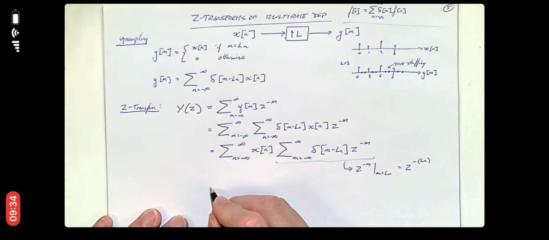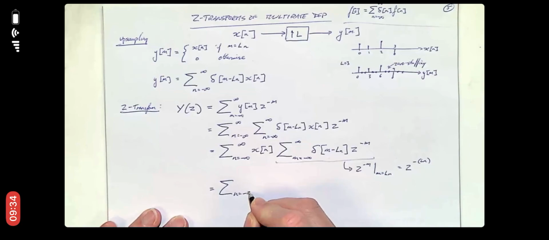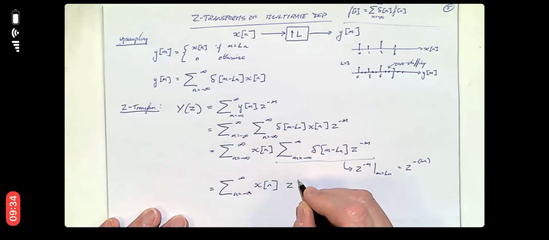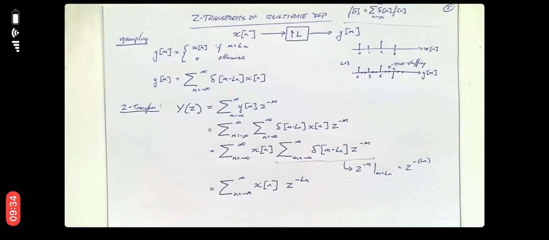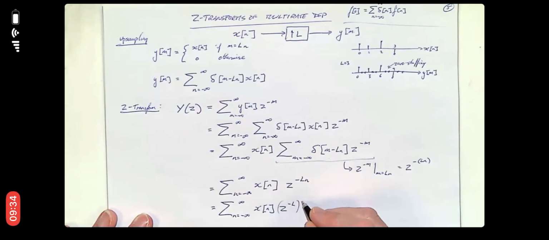So sure enough, this next line is the sum from n equals minus infinity to infinity of x of n z to the minus ln, which is the sum from n equals minus infinity to infinity of x of n z to the minus l to the power n.